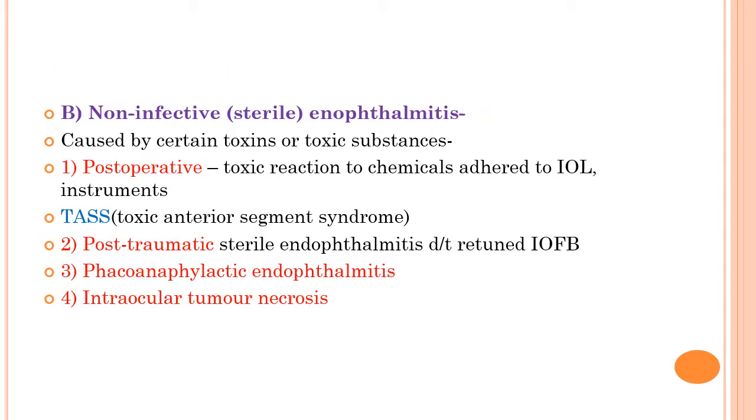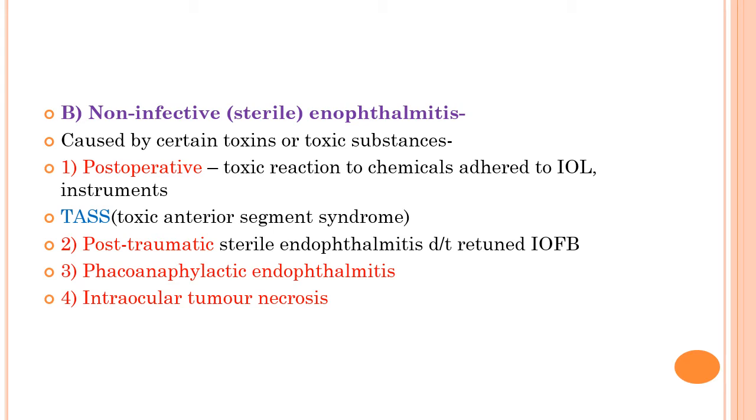Okay, and there is one more entity called sterile endophthalmitis. Here there is no organism, but there is an inflammatory and purulent reaction because of some reason. One is post-operative. In post-operative, what we use is an intraocular lens.